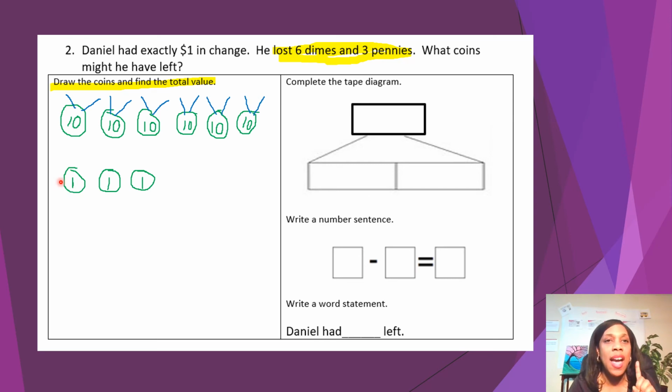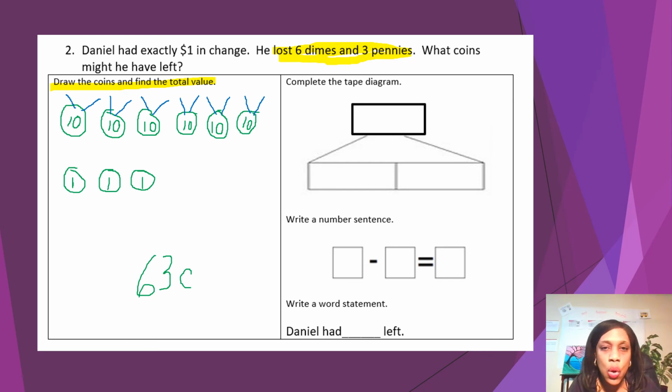Now I have to change to the ones because I'm using pennies. 61, 62, 63. So Daniel actually lost 63 cents. Whoa, that's a lot of money to lose, Daniel, out of that dollar bill.